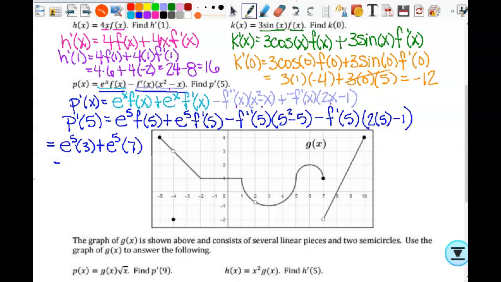F double prime plus 2 minus F prime of 5 is 7 times 2.